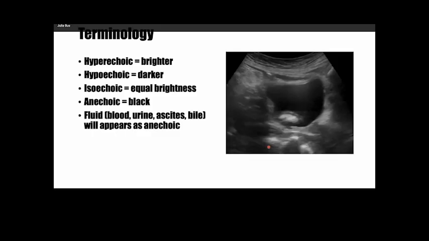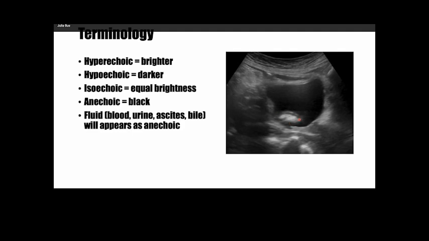On the other hand, hypoechoic means less sound waves, less echoes, so it's darker. Isoechoic means equal brightness. Anechoic means no echo, which means black on the image. So for example, fluid in the belly, such as blood, urine, ascites, or bile in the gallbladder, will appear as black, which is anechoic.